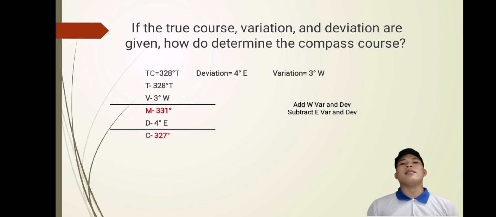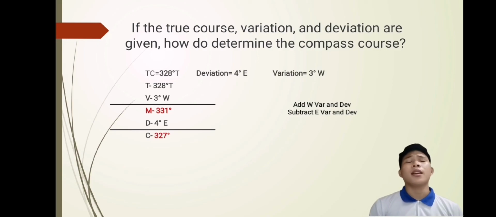For the next question, if the true course, variation, and deviation are given, how do we determine the compass course? Here the given true course is 338 degrees true, the deviation of 4 degrees east, and the variation of 3 degrees west. We have the condition that we add west and subtract east for the variation and deviation.